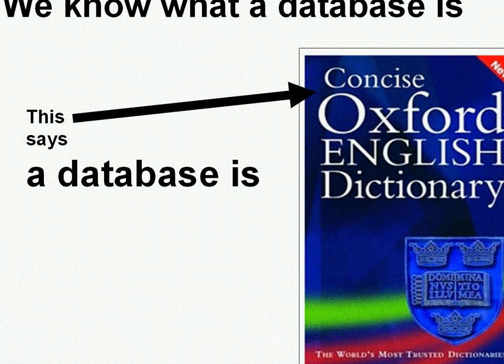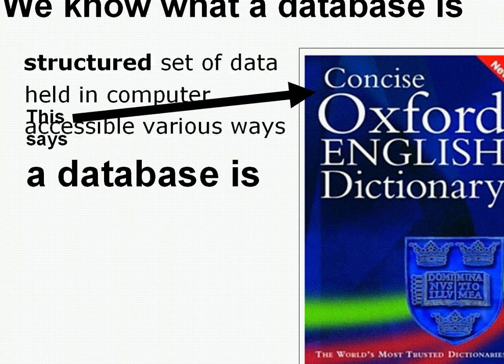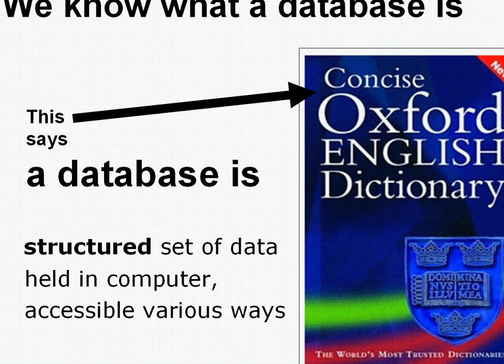We know what a database is. A structured set of data held in computer, accessible in various ways, says the world's most trusted dictionary, the Oxford English Dictionary.